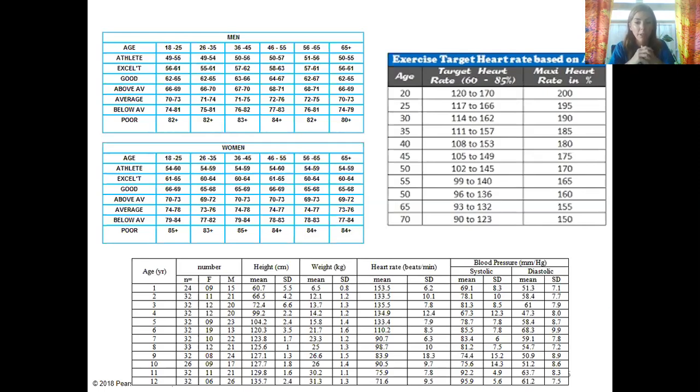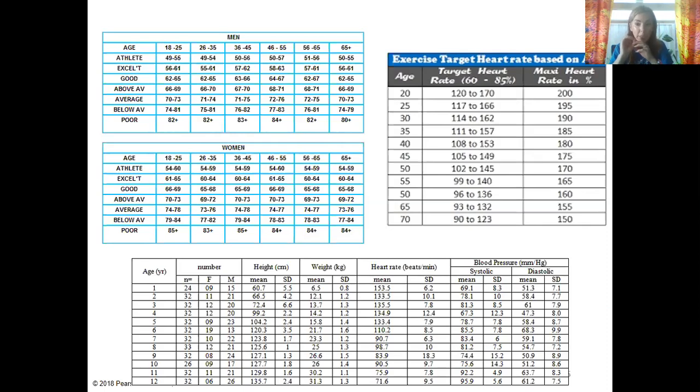For the bottom chart, if you look at the one-year-old, the heart rate is 153.5 beats per minute. That's really, really high. Whenever you're thinking about little babies, the reason they have a higher heart rate is because their hearts are smaller.